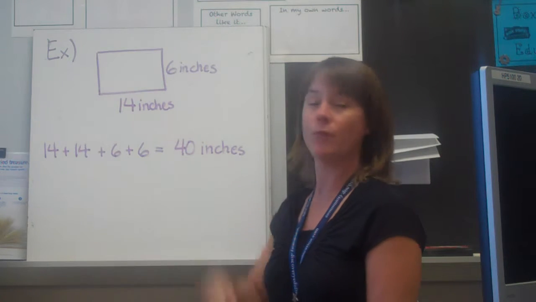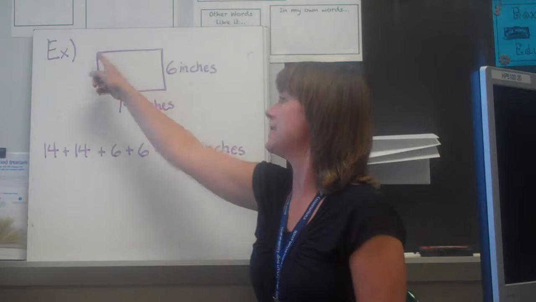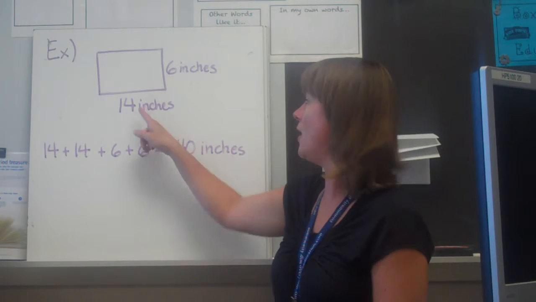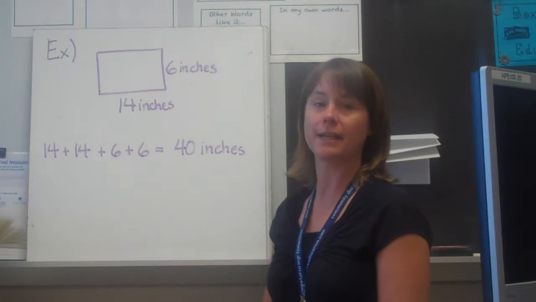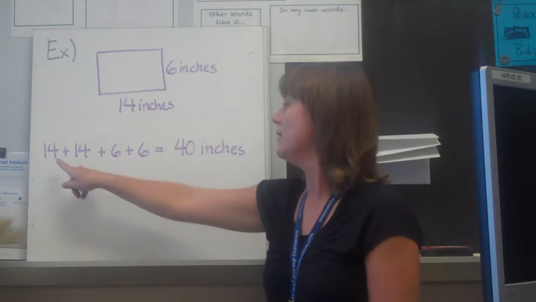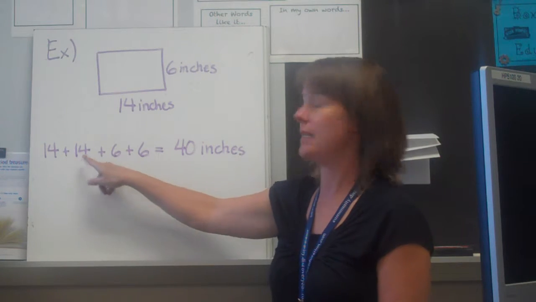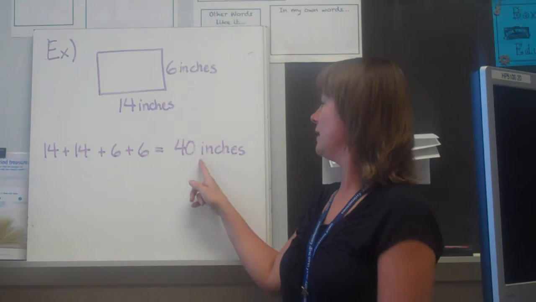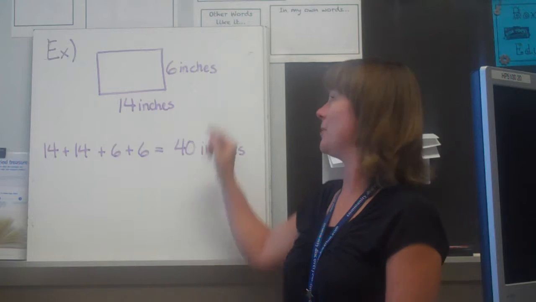If this side is 14 inches, that means this side is going to be 14 inches. So we add up all 4 sides of the rectangle to get the perimeter. 14 plus 14 plus 6 plus 6 equals 40 inches. Don't forget your label.